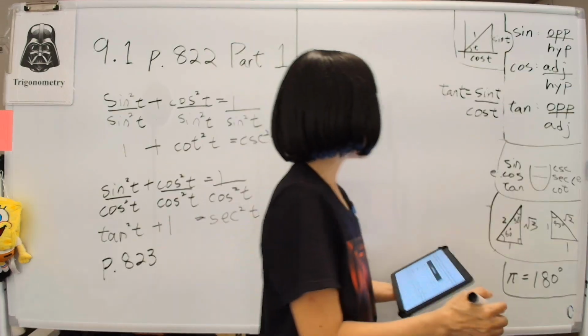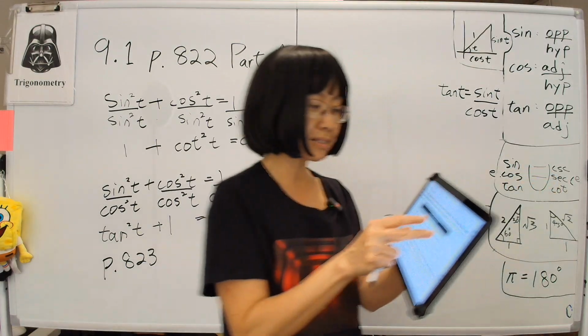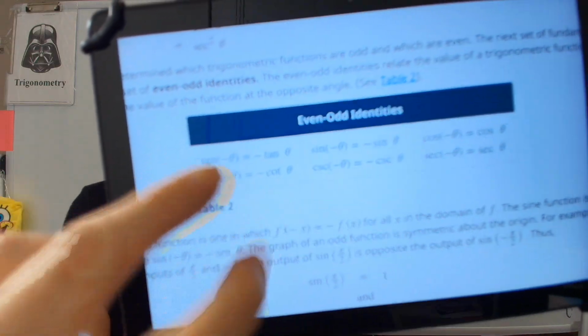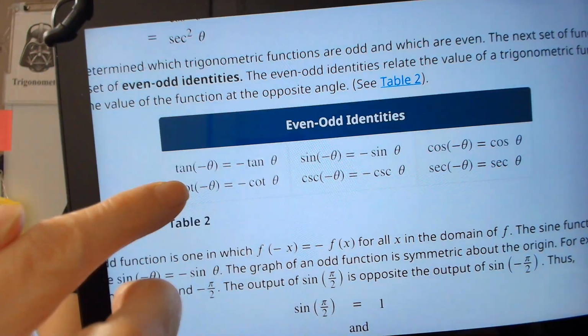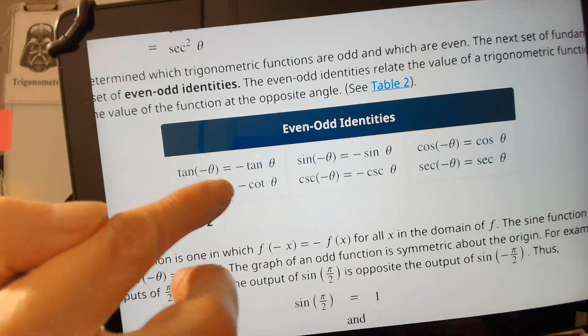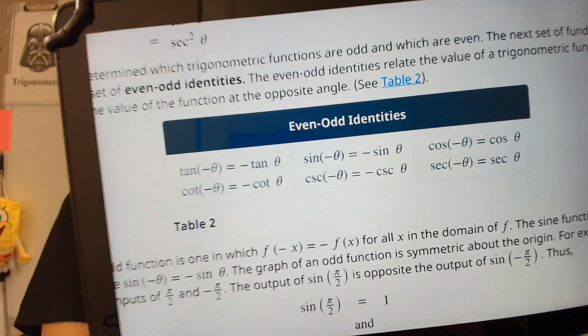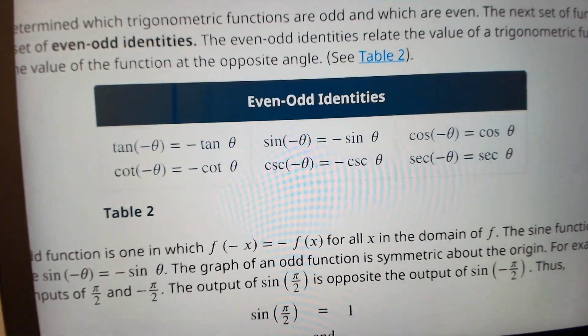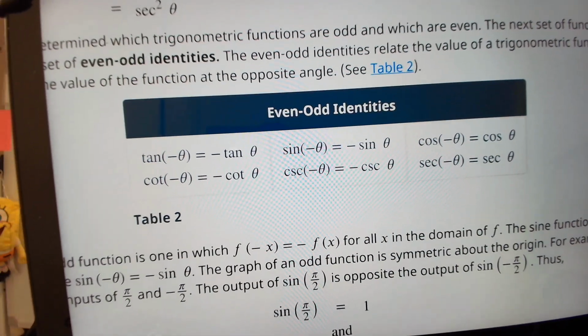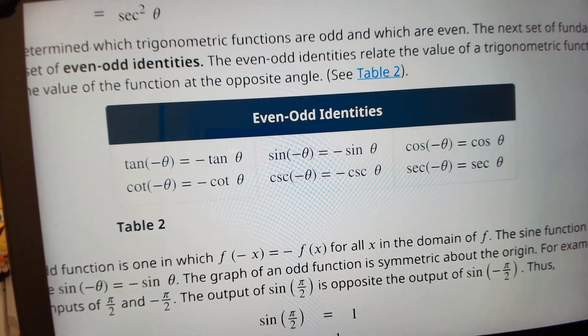What that means is that if you have a negative sign inside, you have to take it out. If you want to get rid of the negative sign inside the tangent, you can, but you have to leave it outside. So tangent of negative theta equals negative tangent theta, and the same for sine, cotangent and cosecant.